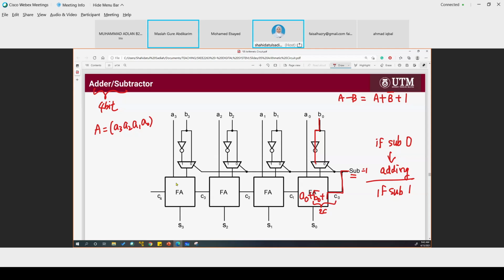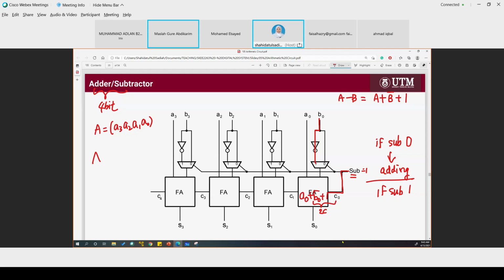Yeah, but C1 must be 1 for us to do subtraction, right? Not necessarily. How do we get the plus 1 for it then? So this is the subtraction of A and B. How do we do subtraction of A1 and B1?